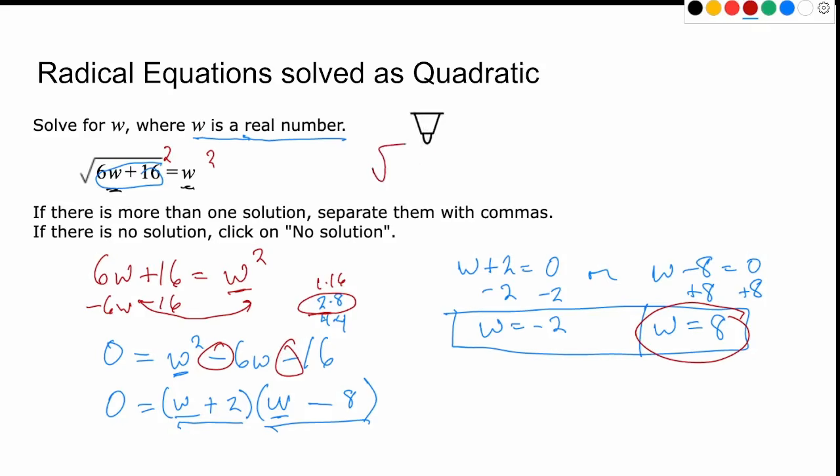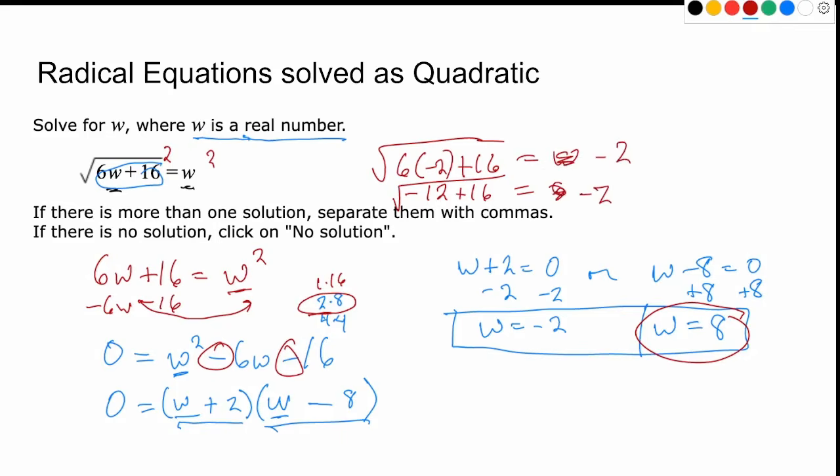If I put in negative 2, does that still give me a real number? That's what I've got to check. So 6 times 2 is 12, so I've got a negative 12 plus 16. Okay, I'm still going to get a positive value. Actually, this equals w. What is w? w is negative 2. Sorry, doing a check here. I was messing up.